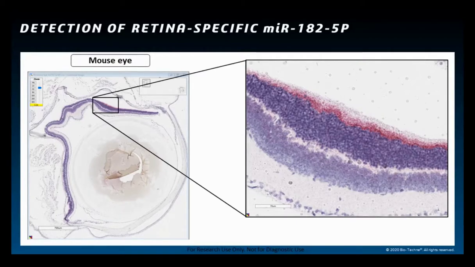Now here, miR-182 is shown in the outer nuclear layer with very little to no expression in the inner nuclear layer or the ganglion cell layer, which are the layers just below the red chromogen. miR-182 has actually been shown to be necessary to maintain adult cone photoreceptor and visual function. And in fact, in mouse studies, deletion of this particular microRNA results in retinal dysfunction.